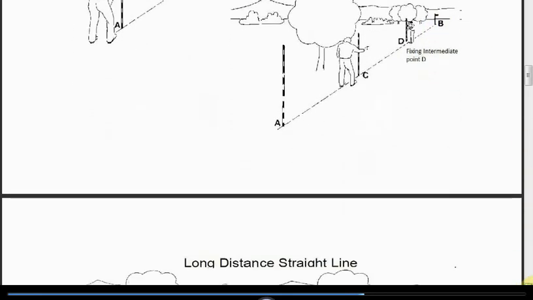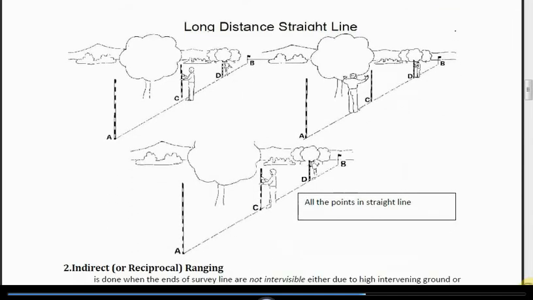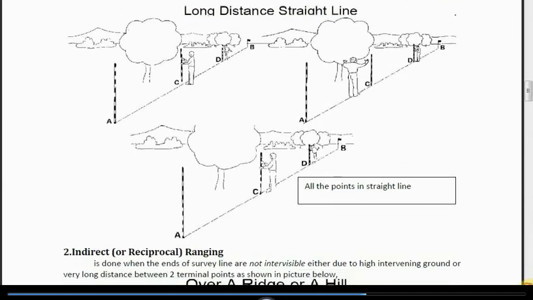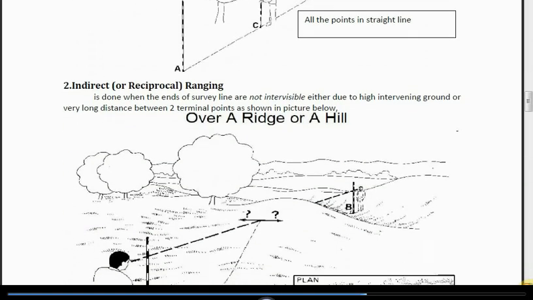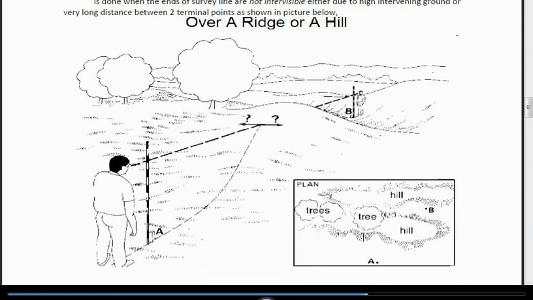We'll move to the next method, that is indirect ranging. Indirect ranging is also called reciprocal ranging, and it is done when the two terminal points are not intervisible.